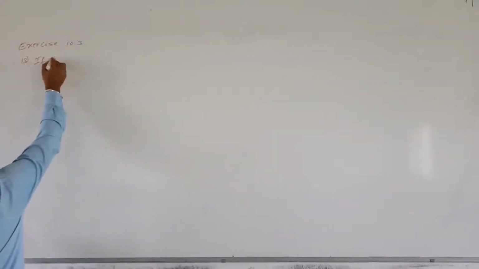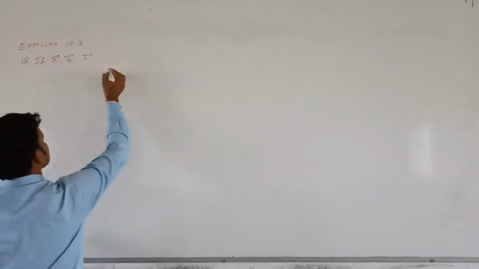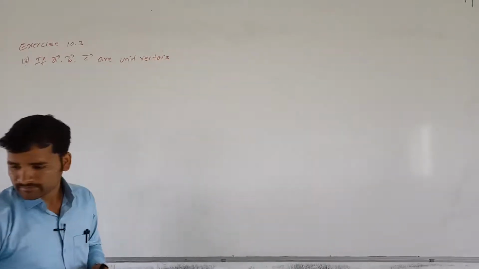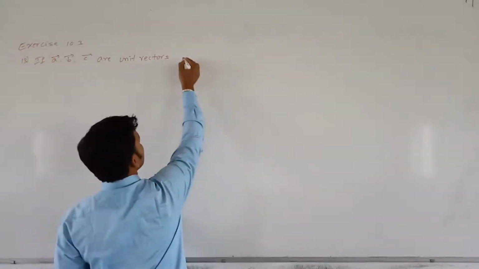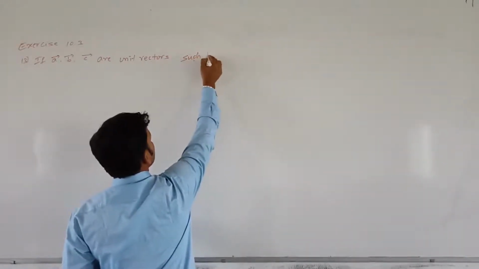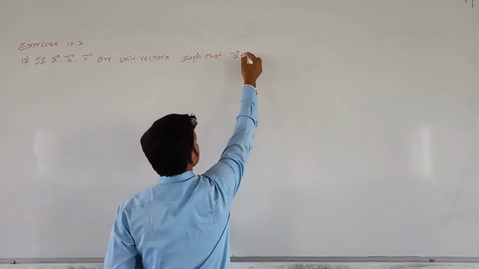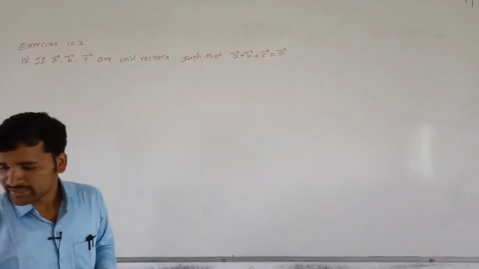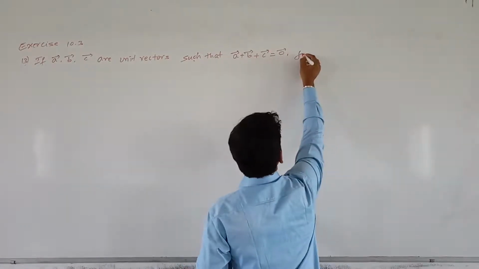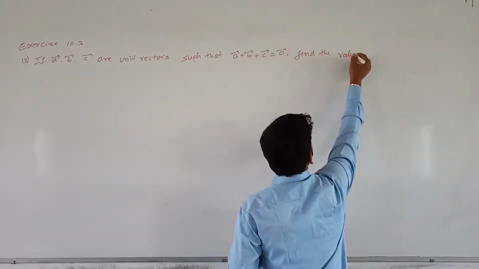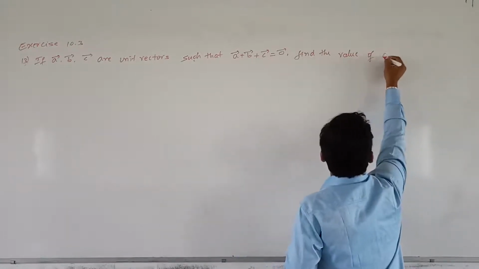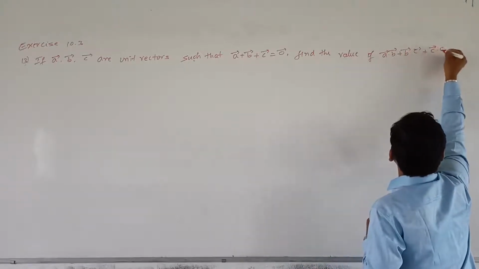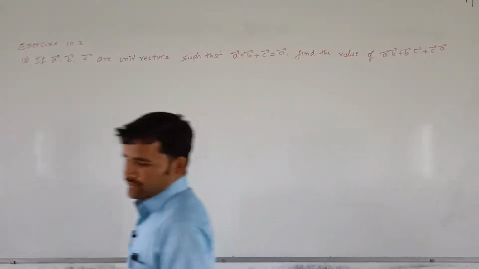If vector A, vector B, vector C are unit vectors such that vector A plus vector B plus vector C is equal to null vector, then find the value of vector A dot B plus vector B dot C plus vector C dot A. This one we need to find here.